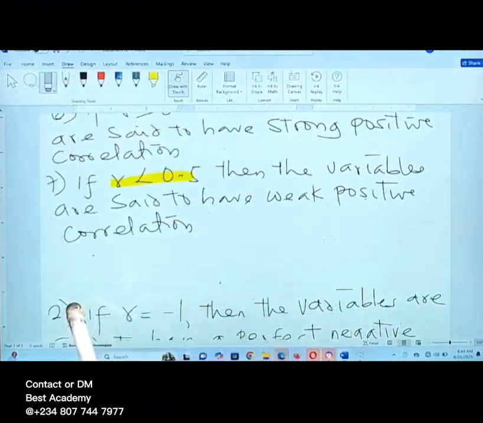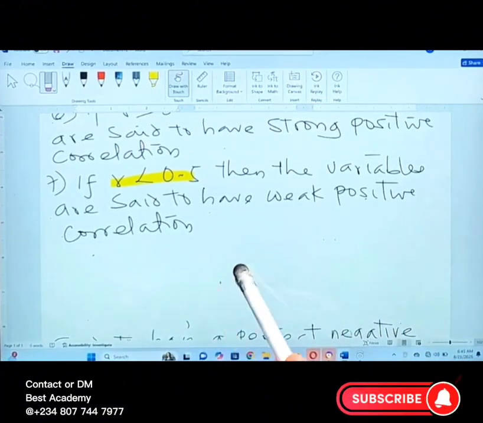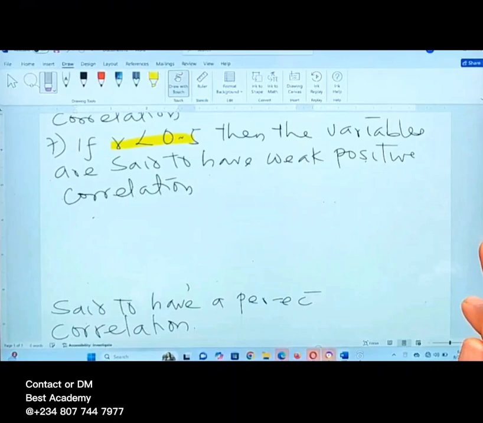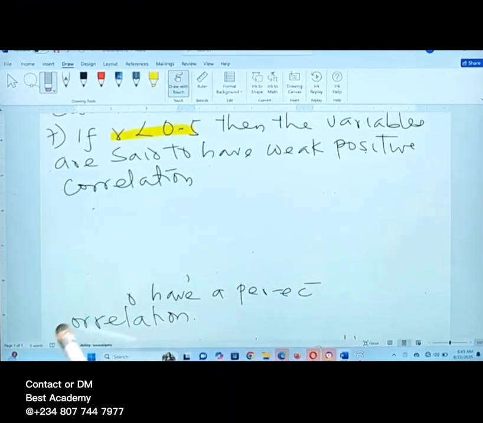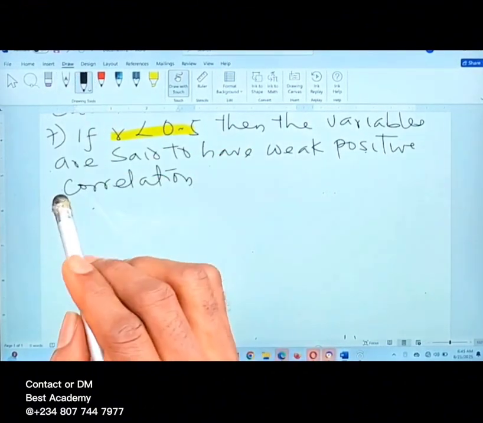So let's take the negative of that. Taking the negative of 0.5. Let's take the next one here, 8.